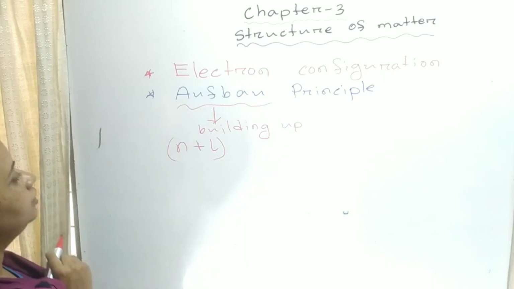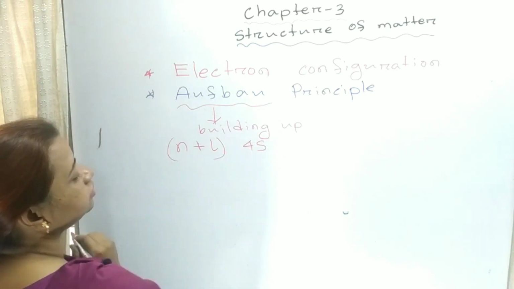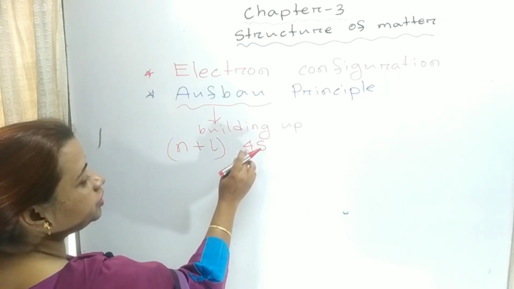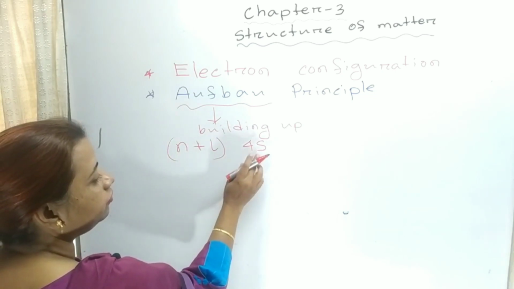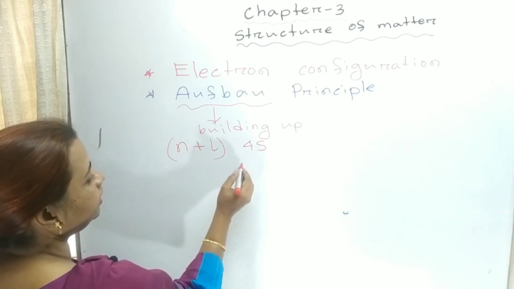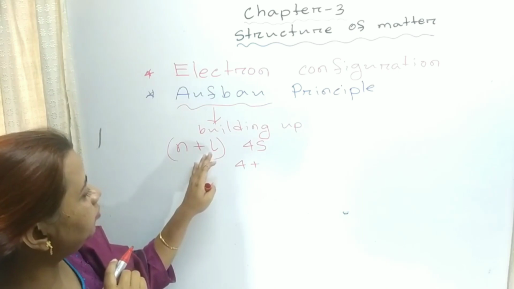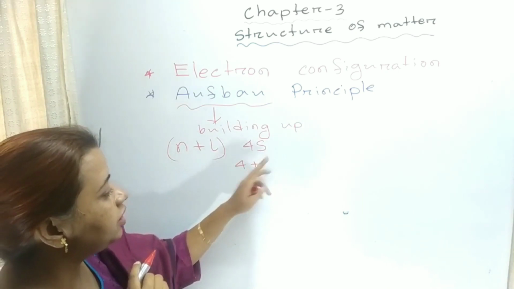Suppose, come to 4s. In case of 4s, here 4 is equal to the principal quantum number, that means n. The value for 4s should be determined by using the value of n plus L, that means 4 plus 0, because you know that for the value of L 0, s subshell is obtained.